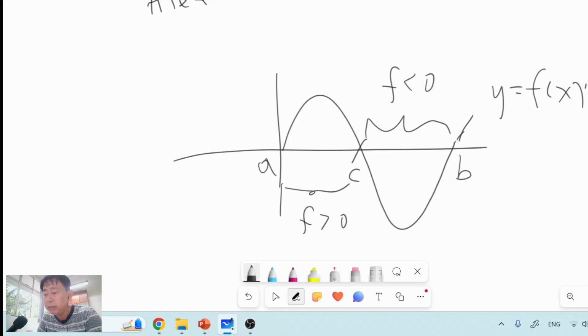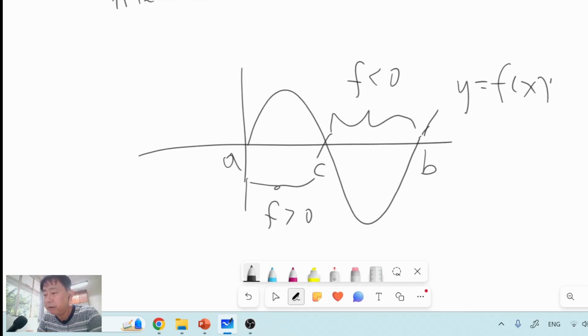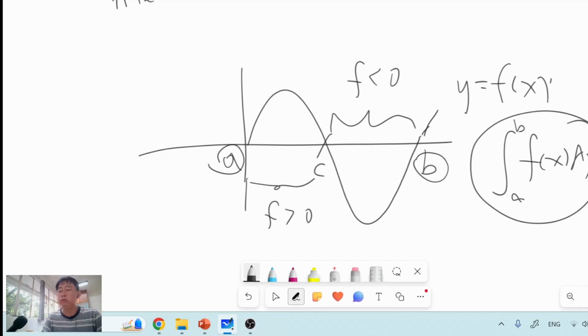So in this case, the area of the function defined by the curve between A and B is not simply given by the definite integration of the function between A and B.